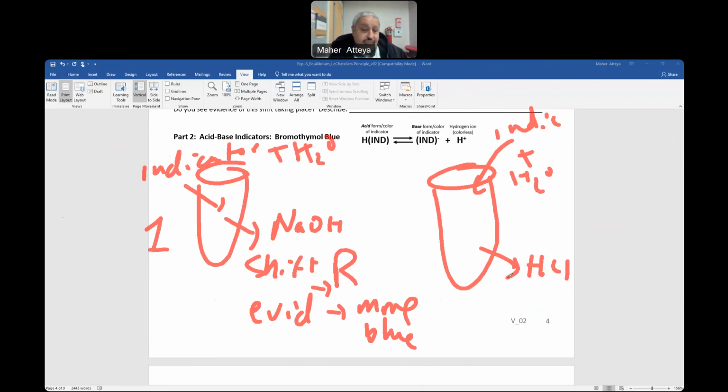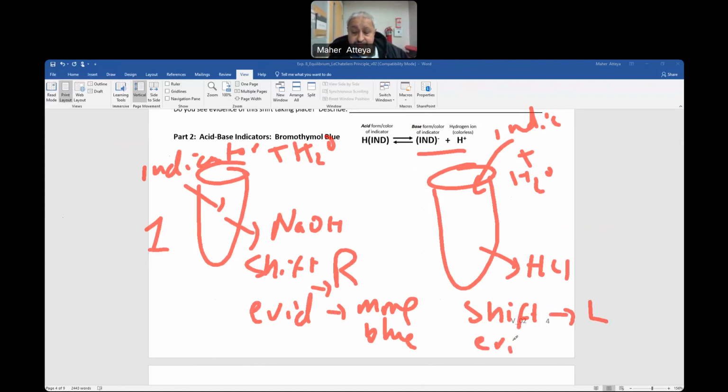We said when you add HCl, the protons are at the left, and the HCl provides more protons, so this arm will be more stressed and the shift will be to the left.